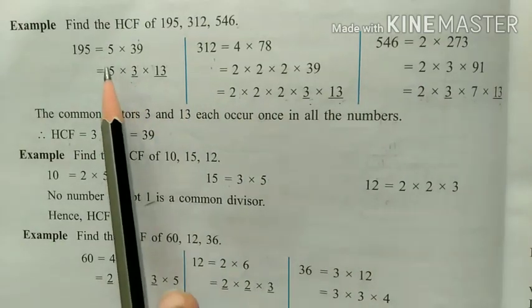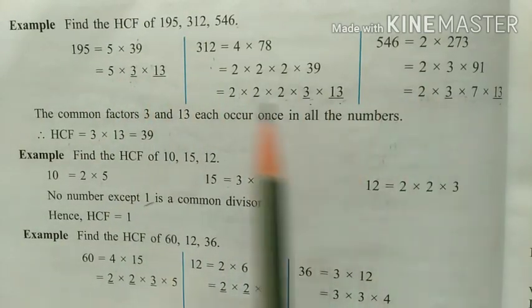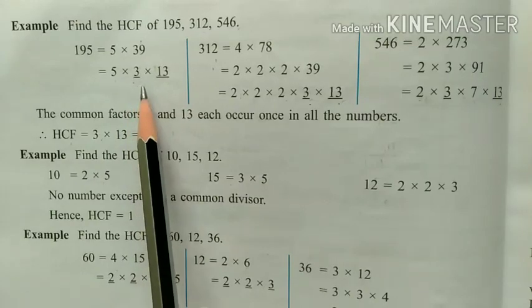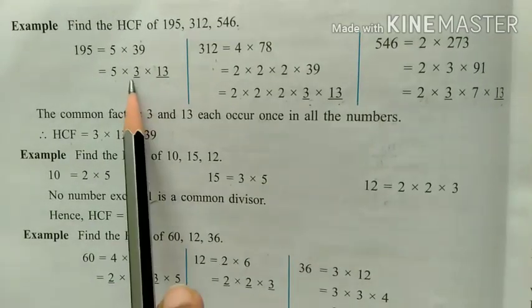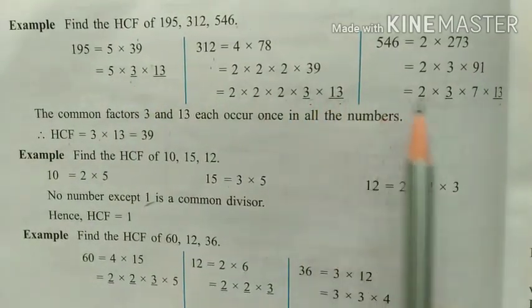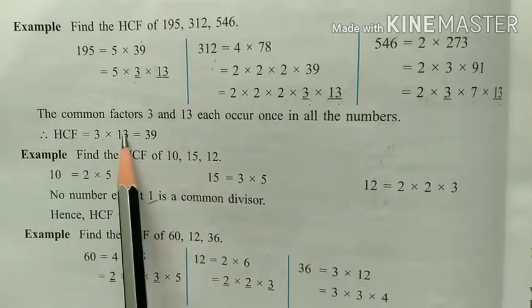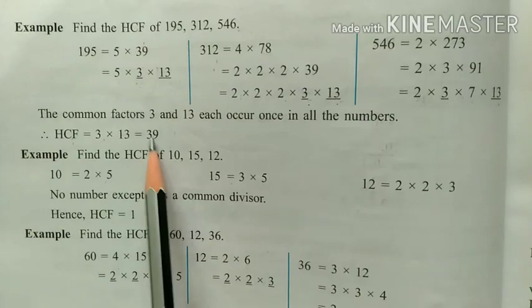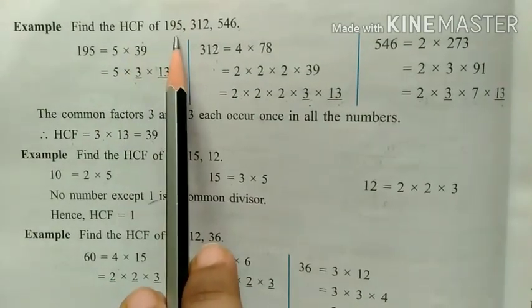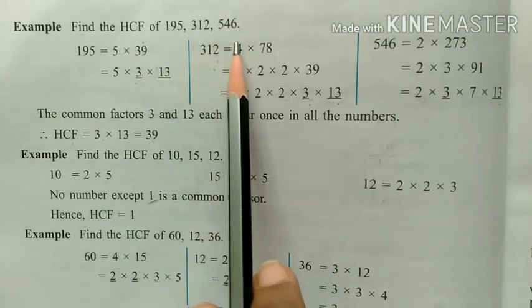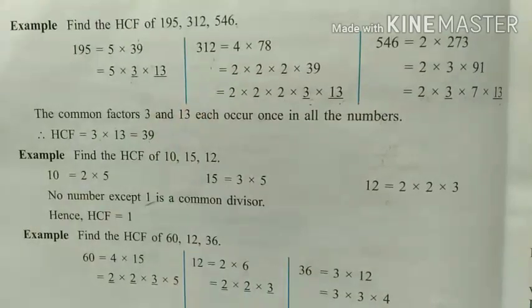Now among those three we have to find the common prime factors. So 3 and 13 are common. Product of 3 and 13 is the HCF. 13 3s are 39. So 39 is the HCF of 195, 312 and 546.